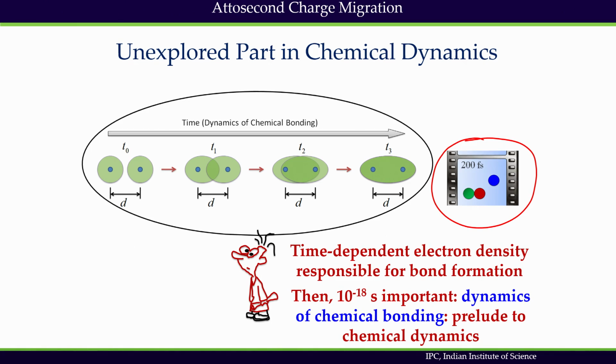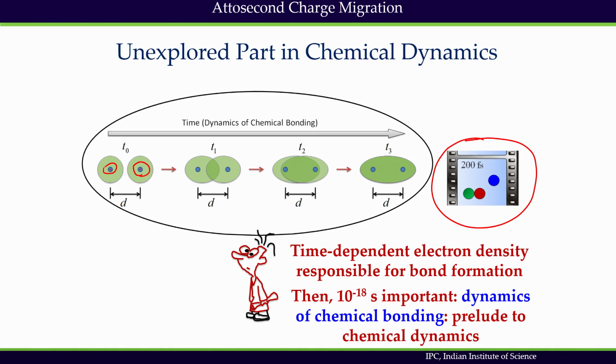That is manifested in this cartoon diagram. We have two hydrogen atoms, let us say. The nuclei are represented by these blue dots, and the electron density is represented by this green region. These two nuclei are separated by a distance d, and we are not changing that distance, we have fixed it.